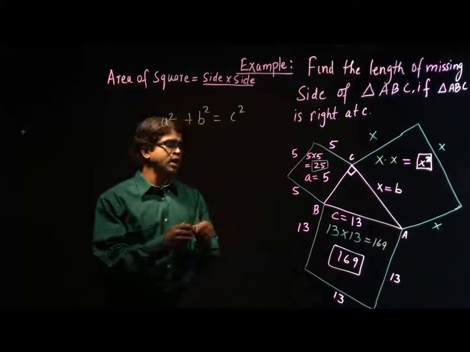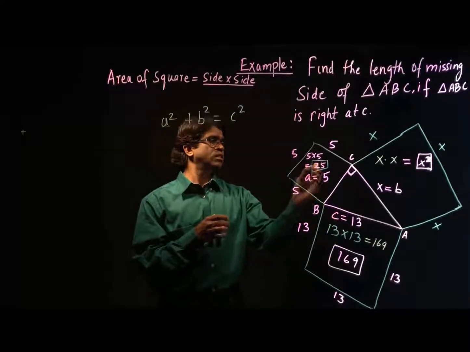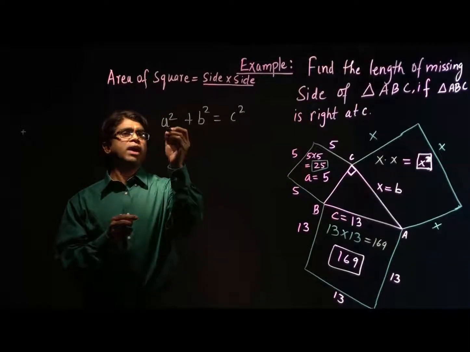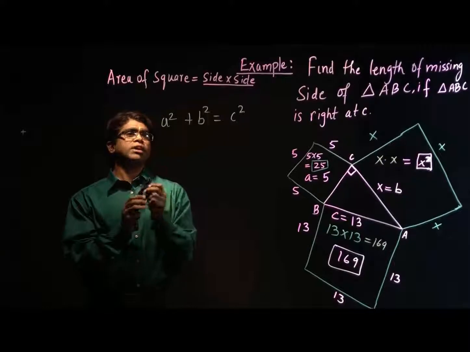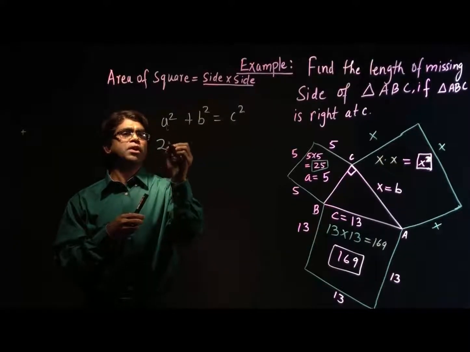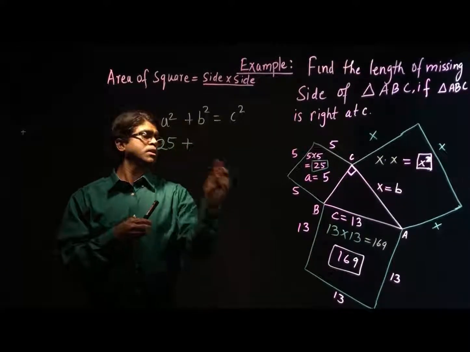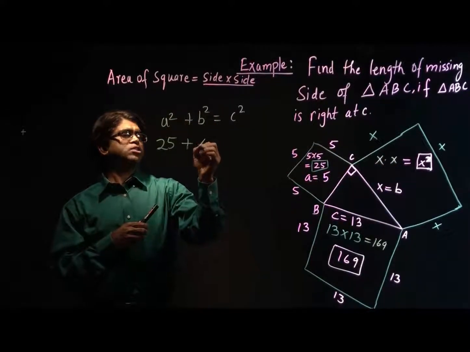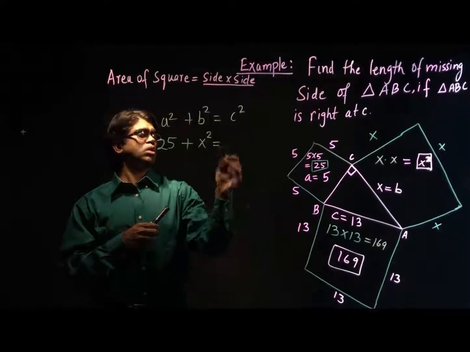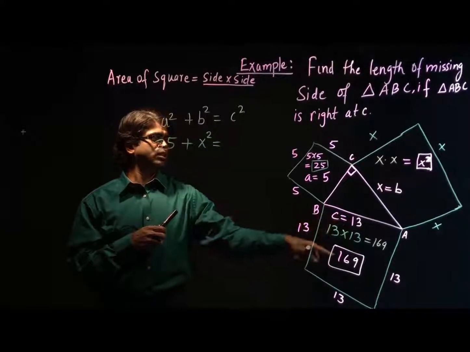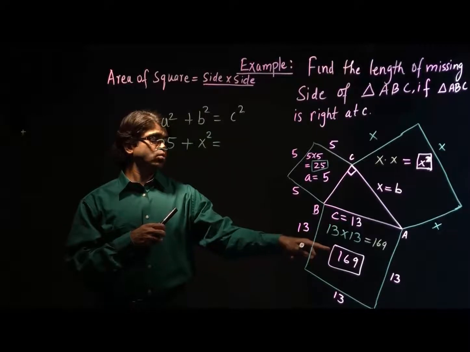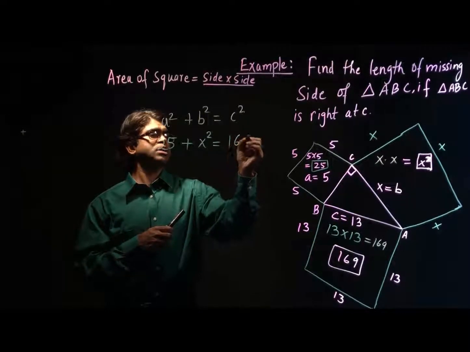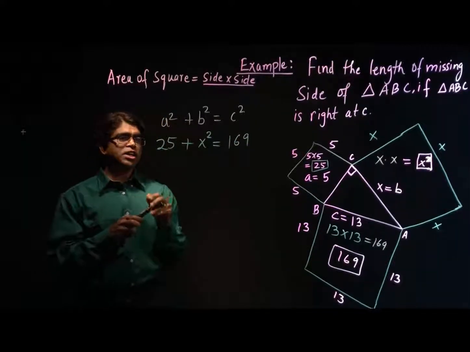So my a squared is 25, because side times side is the area. Plus my b squared is the area of that square, so I write x squared, that is equal to the area of the third square, 169, which is c squared.